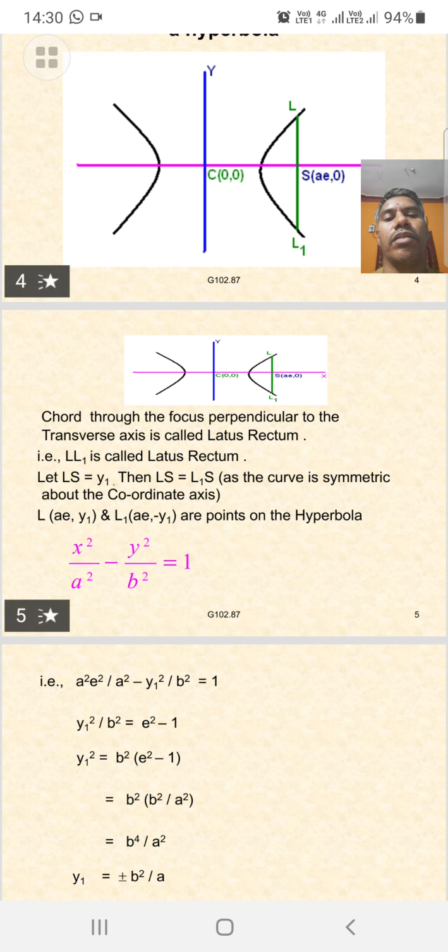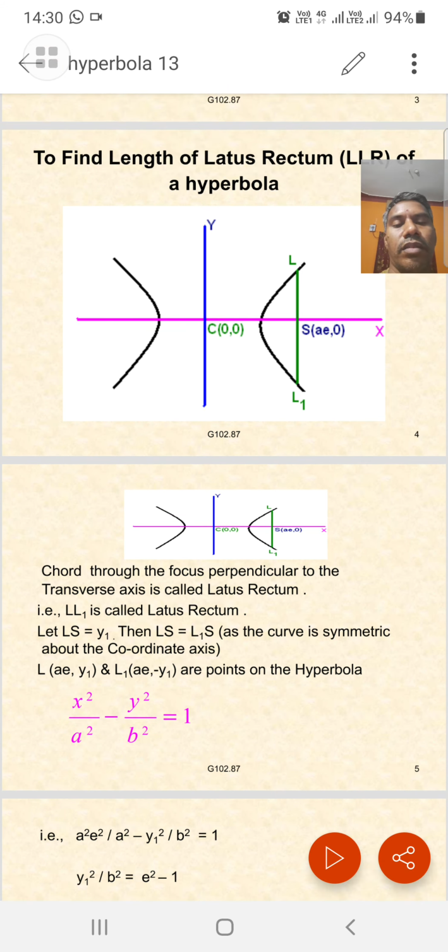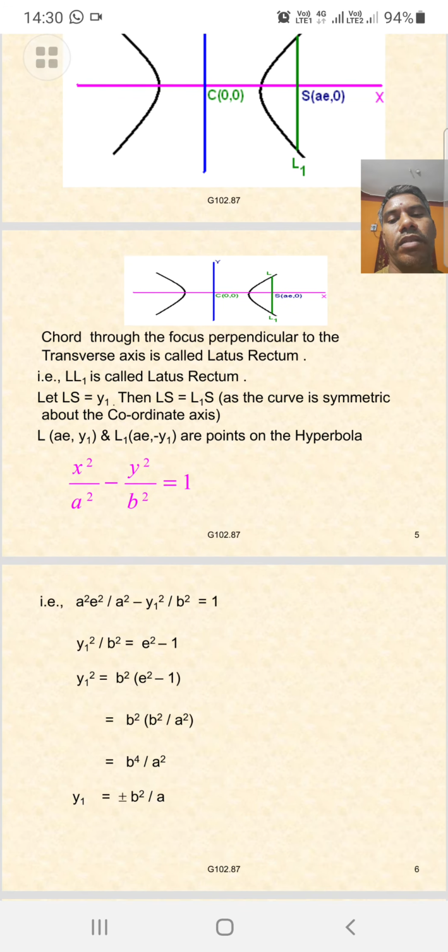Whereas in the third form, we can say x minus h whole square by a square minus y minus k whole square by b square equals 1. And the fourth form is a little bit different: y minus k whole square by a square minus x minus h whole square by b square equals 1.